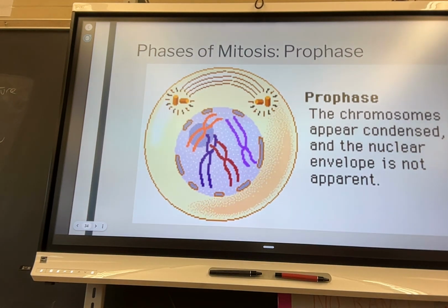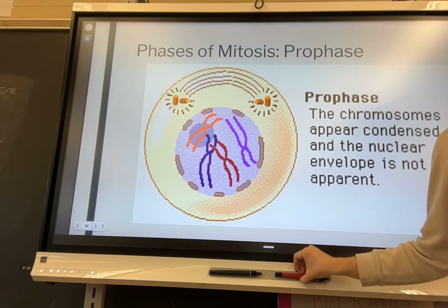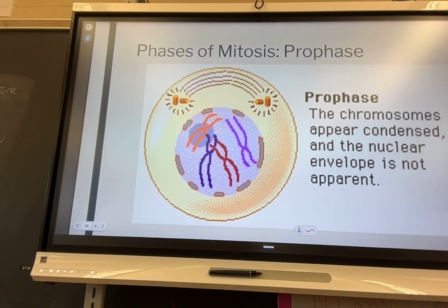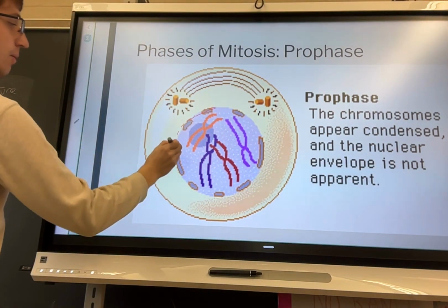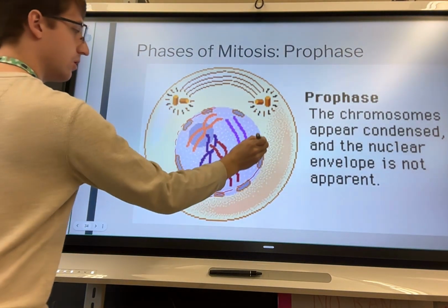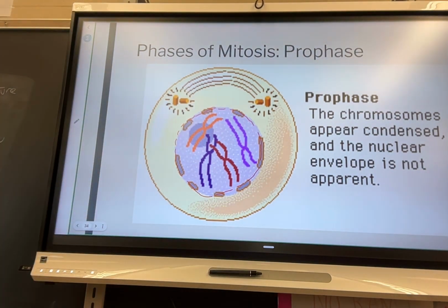So the first one, prophase. Prophase is our beginning of cell division. There's a big chart for this one. Things to note, if you were to look at a microscope and see a cell, how could you tell that it's in prophase? The first thing to note is that the nuclear membrane is starting to disappear.